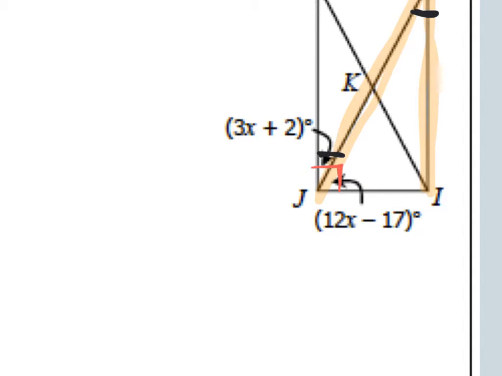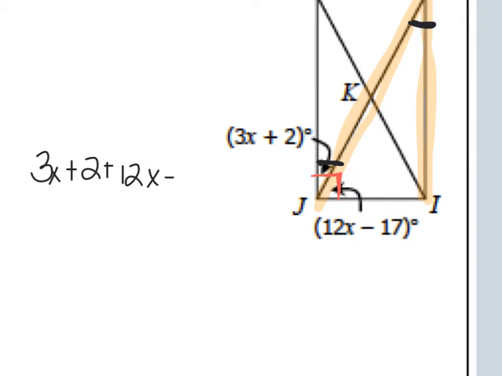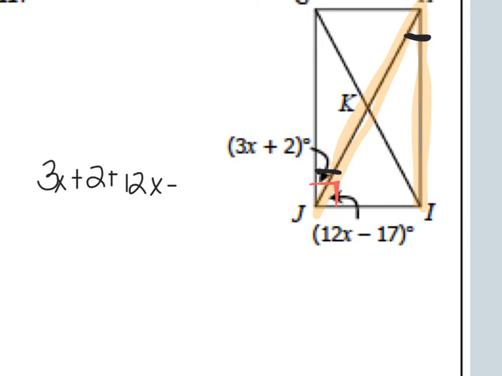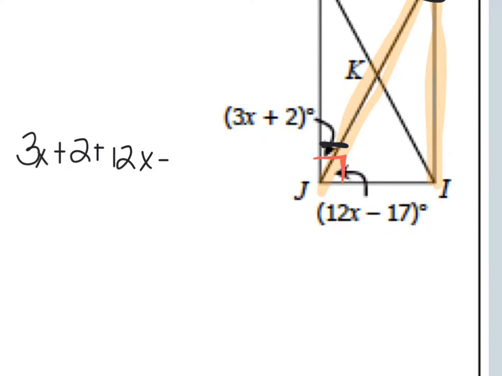So we can do 3x plus 2 plus 12x minus 17 equals 90. We can combine like terms.